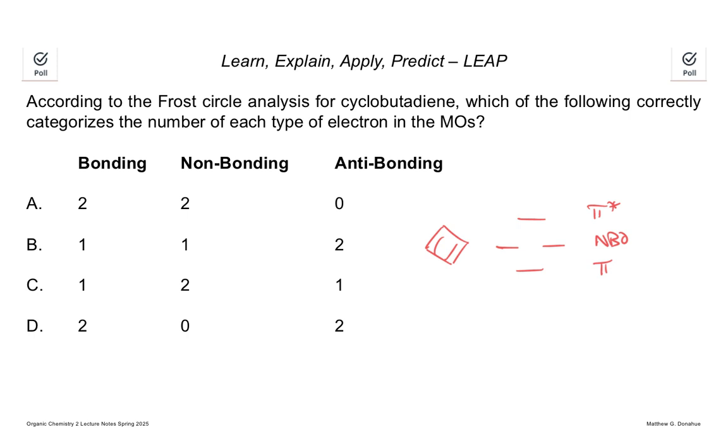On the previous example we had for the benzene ring, we didn't have any on the non-bonding. How do you understand that? But it was also an even number. So based on the way this is drawn, anywhere there's a vertex, you're putting a line.